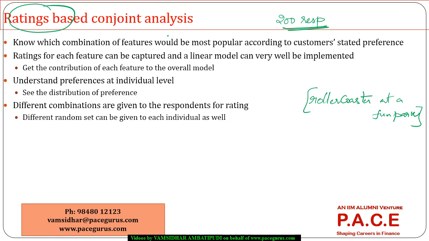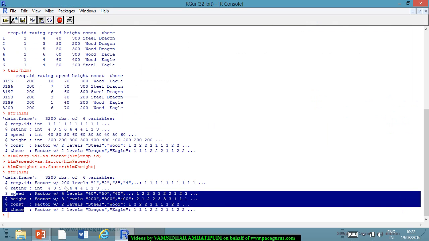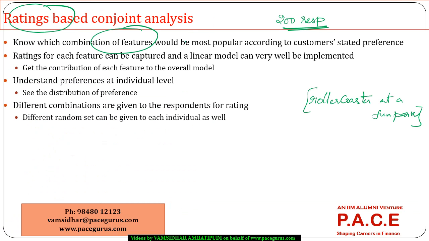So I can very well know which combinations of features out of these four, what speed is being preferred by a lot of people, what is the height that is being preferred, what is the construct that is preferred, what is the theme that they are preferring.